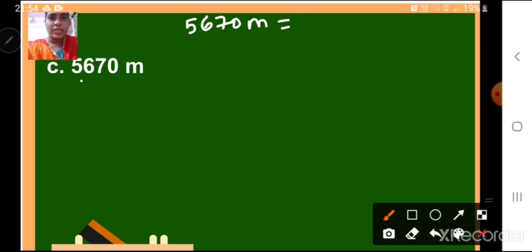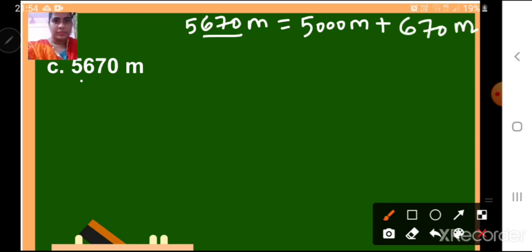In thousands place we have 5, so it will be 5000 meter plus what is remaining here, 670 meter.